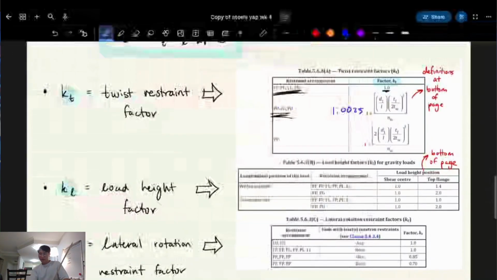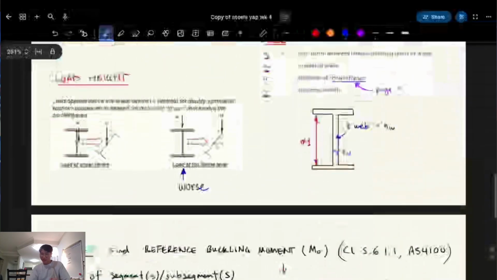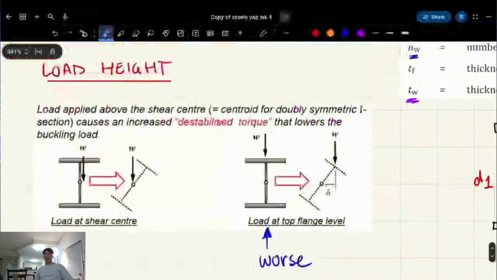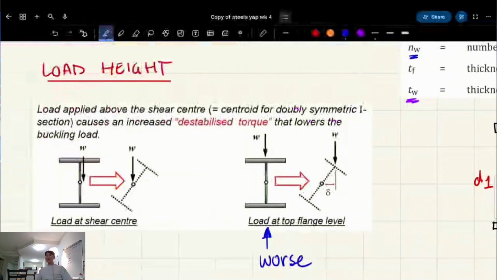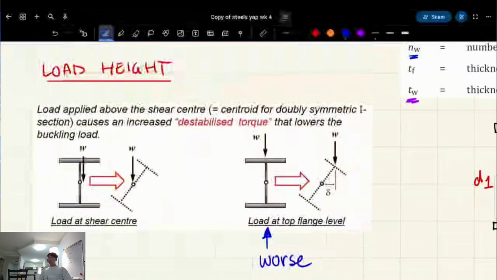Okay, next is load height factor. It's to do with where you're applying loads from. I know I just wrote it there, so it's a spoiler. It's worse, right? Loaded at the top flange. But why do you think it's worse for lateral torsional buckling? Because that's the weak point.